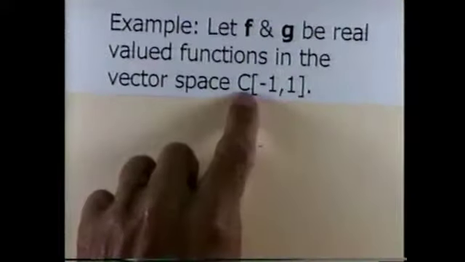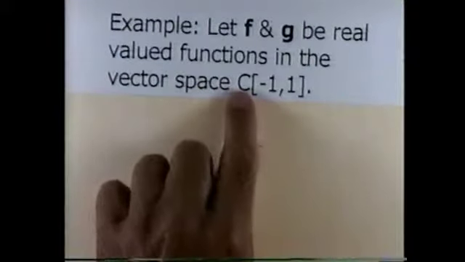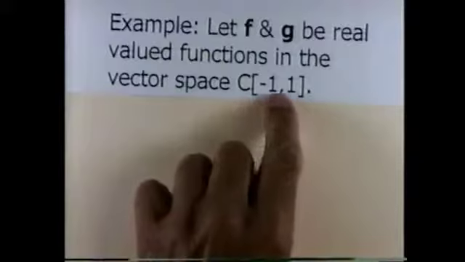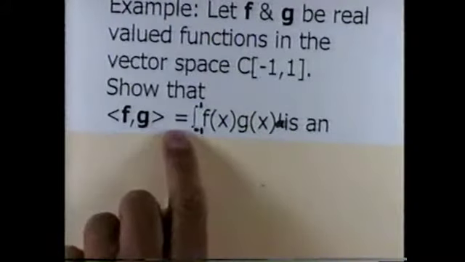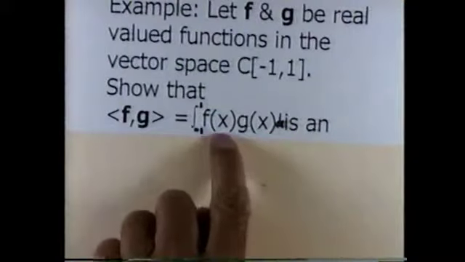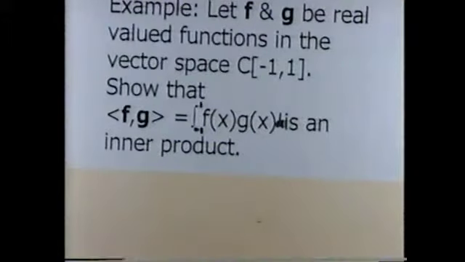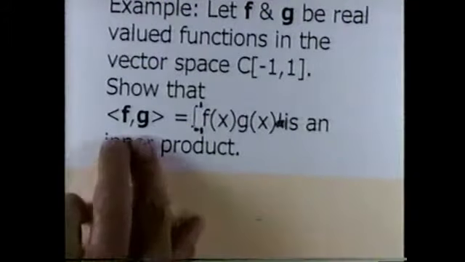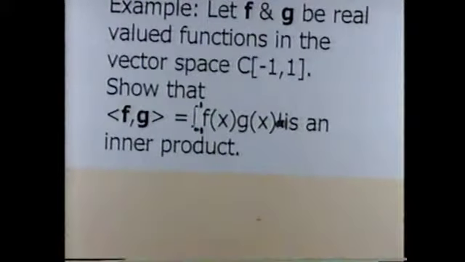In other words, the vector space would be the set of all functions continuous over the closed interval from -1 to 1. And let's show that the inner product <f, g>, defined to be the definite integral from -1 to 1 of f(x)g(x) dx, is an inner product. We'll show that the inner product with this definition is actually an inner product.